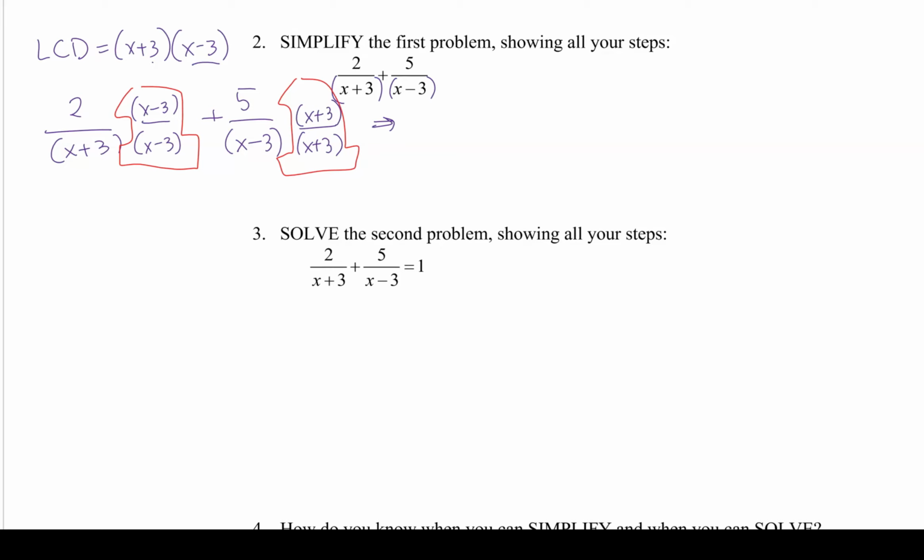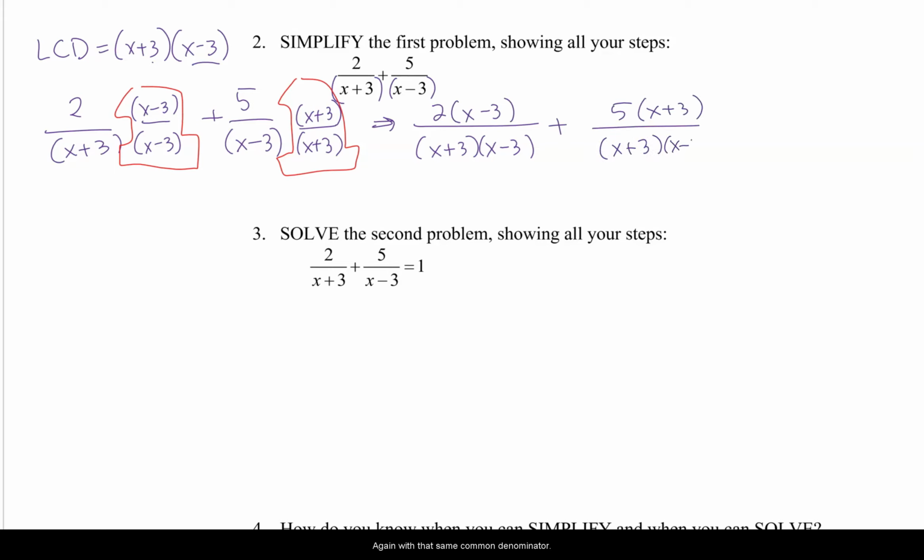Working on this part, now I have that common denominator, x plus 3, x minus 3. In the first fraction, we have 2 times x minus 3. In the second fraction, 5 times x plus 3. Again, with that same common denominator. And now, because we have common denominators, we get to write both of these numerators on the same fraction.